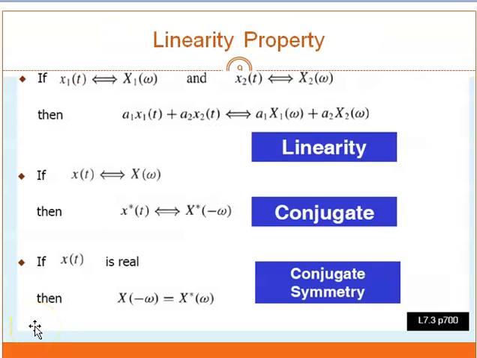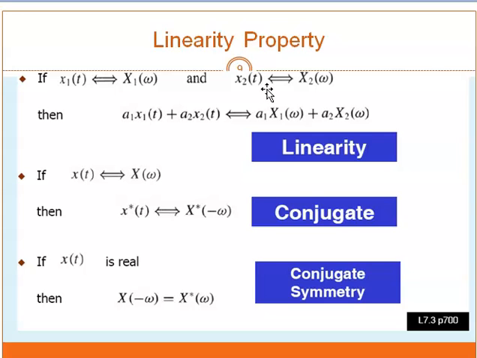Let us look into the first property. The first property is linearity. When you apply the Fourier transform to x1(t), in frequency domain it will become X1(omega). What if you have another signal x2(t)?